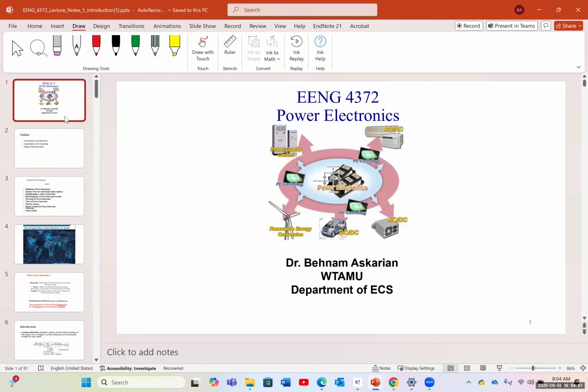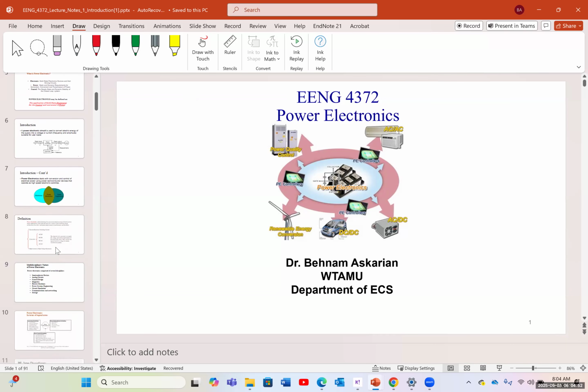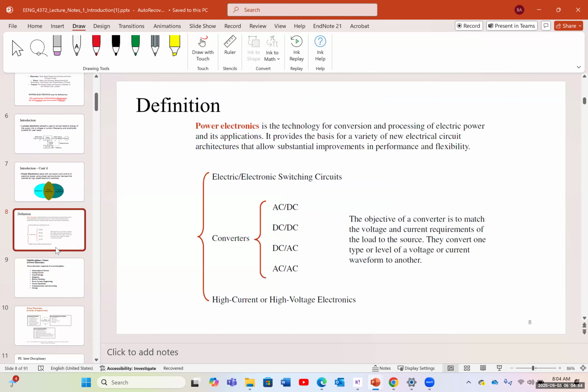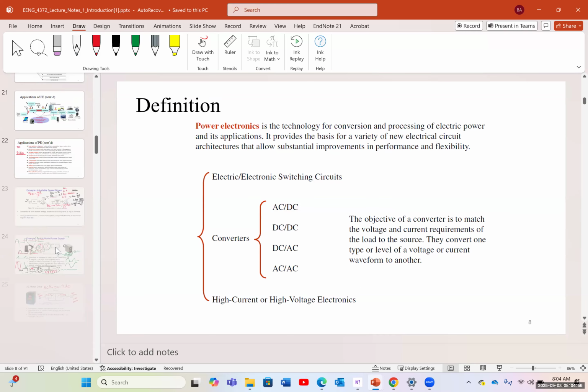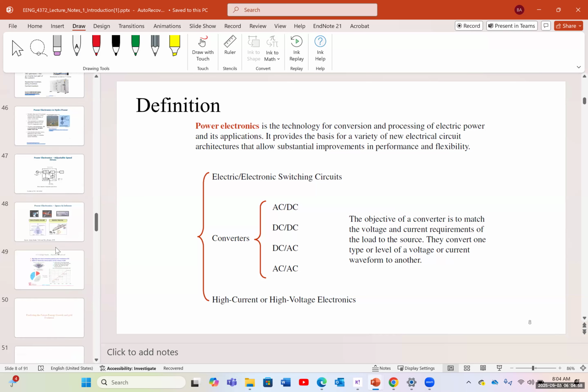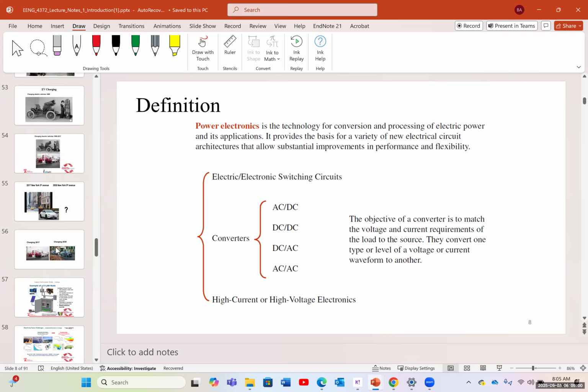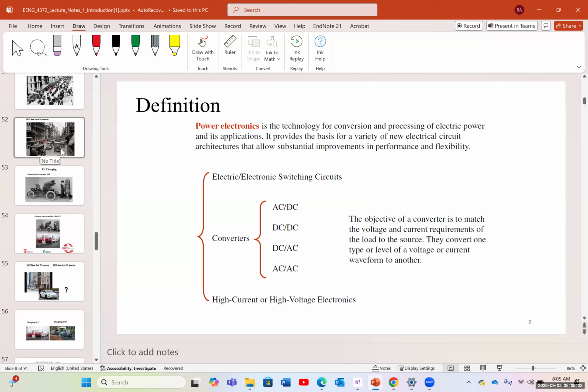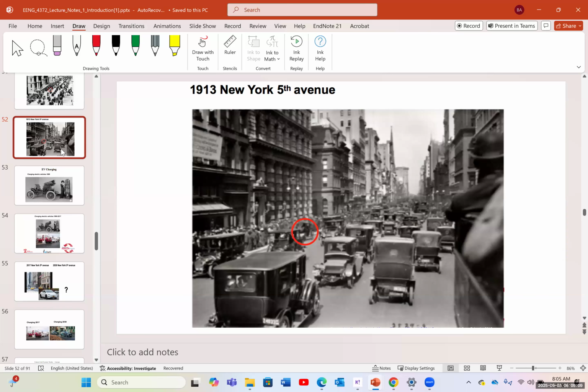Last week we finished some introduction about EVs and the applications of power electronics in EVs, and some applications of power electronics in grids as well, like HVDC, high voltage DC.